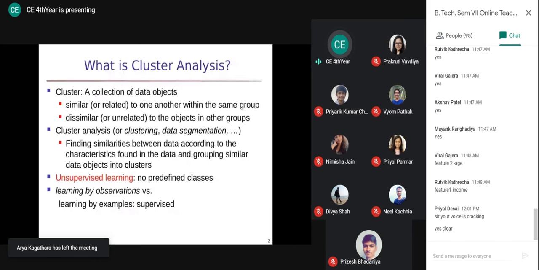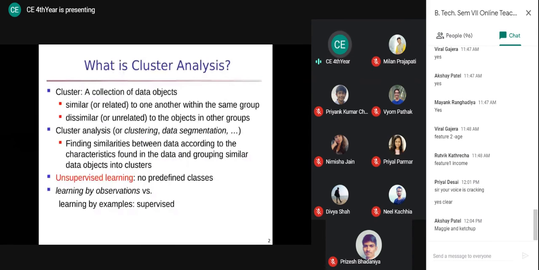The first one, clothing, is the necessity. What they have identified from different buying patterns of customers is that if a particular customer is buying some clothes for, let's say, his or her child, then there is a very high probability that he or she is going to buy some toy.